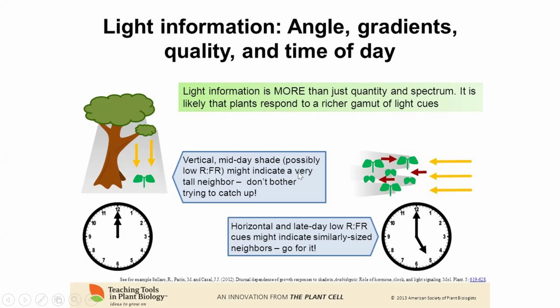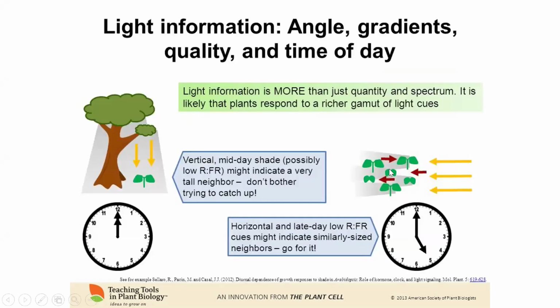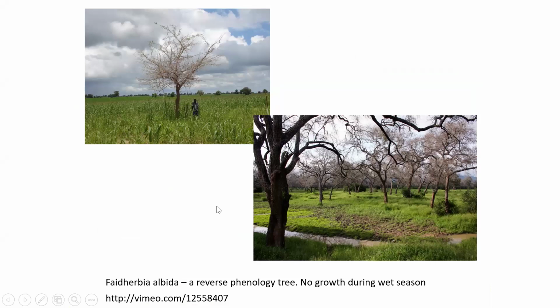This might indicate to this plant that it has a very tall neighbor, so don't bother trying to catch up. That might be like this situation over here, where these plants remain low because they're perceiving that high far red to red ratio. An example of that is trees growing along with your crops.